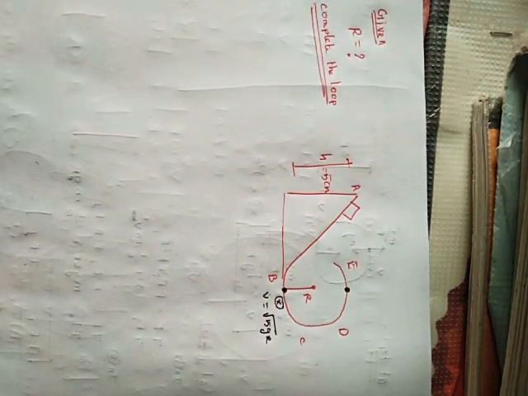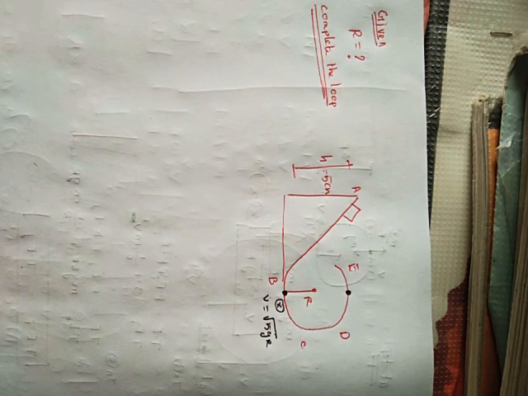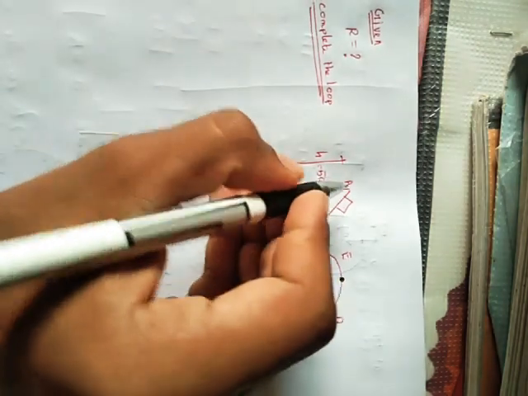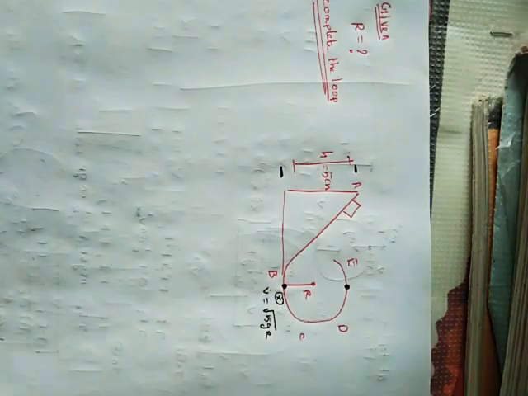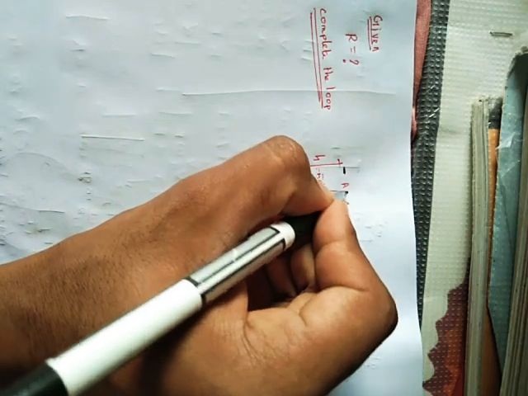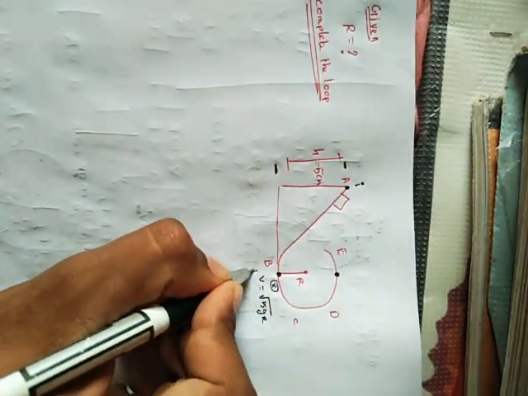So what I am doing here is applying the same conservation of energy. I am going to take 2 points, this point and this point. This is point 1, the initial one, and this is the final one.